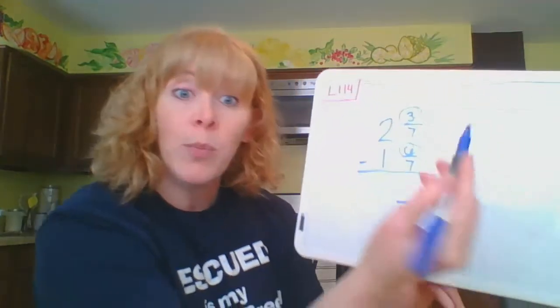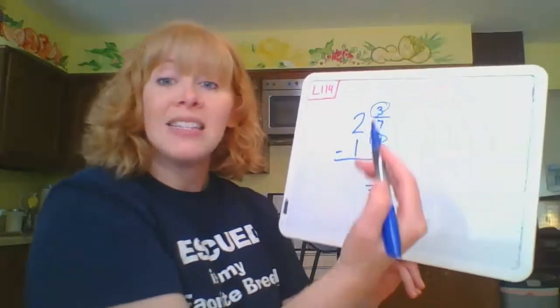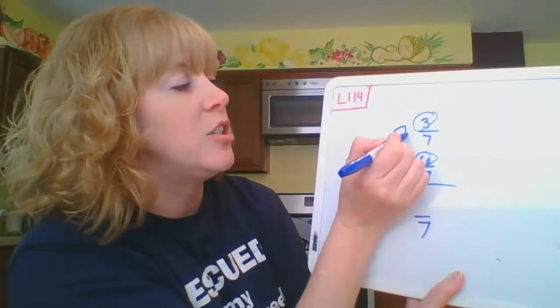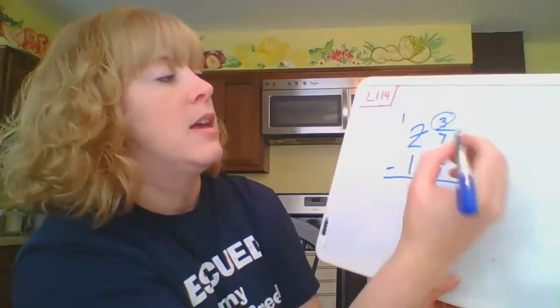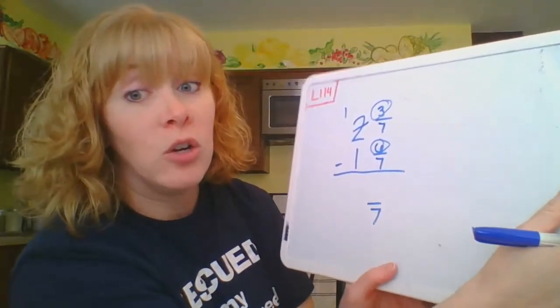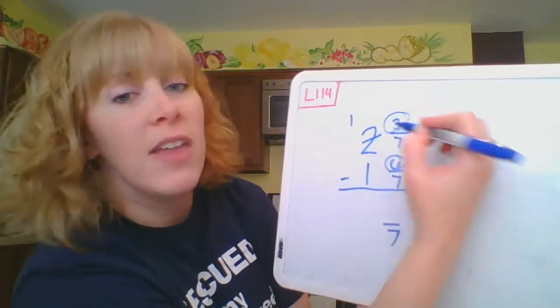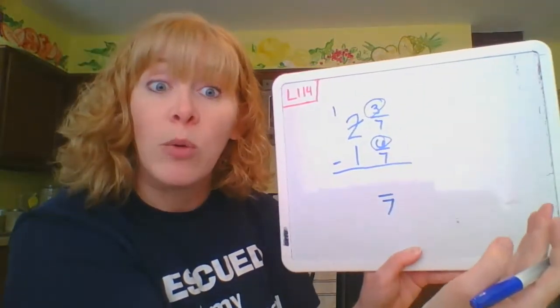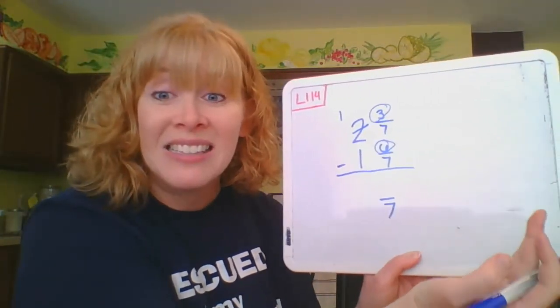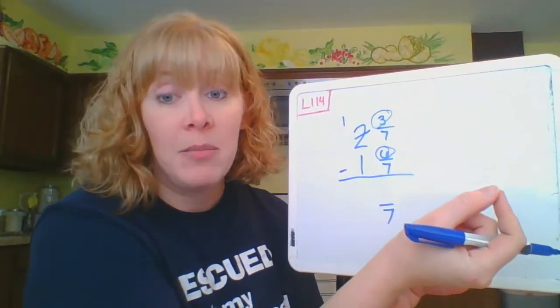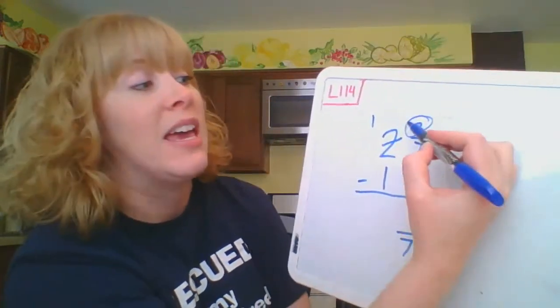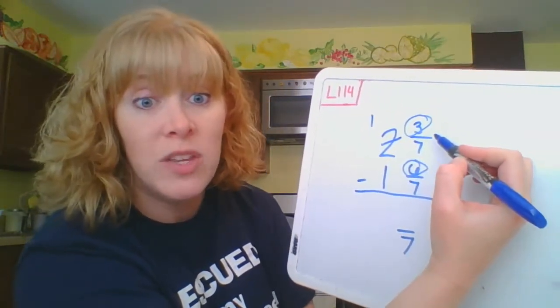Now, if we were regrouping with standard ones, tens, hundreds, I would just change this to a 1, which is what we will do, but then I would just add a 1 in front of that 3 because we know whenever we're regrouping, it's by tens. Not the case when it's fractions and mixed numbers. I'm not going to be giving 10 to this 3.